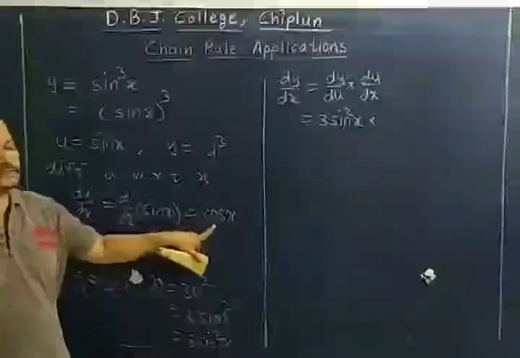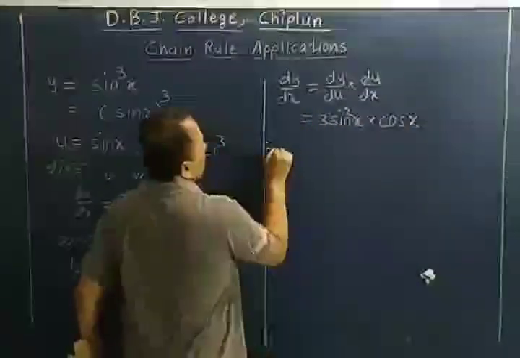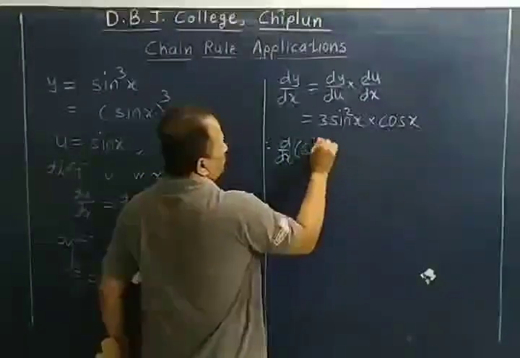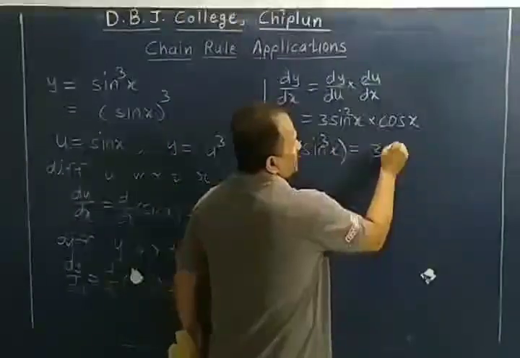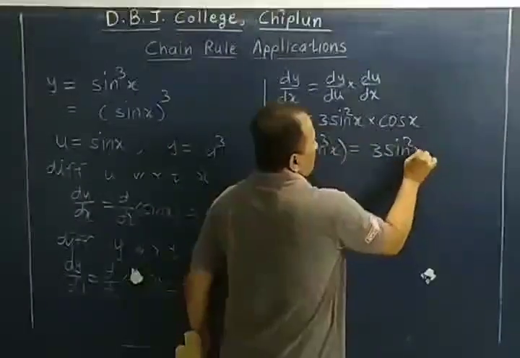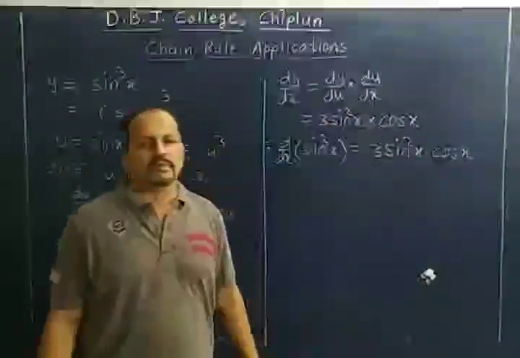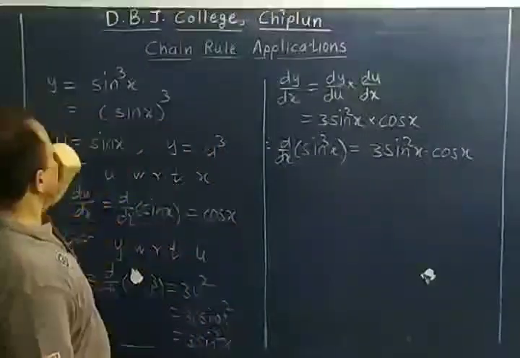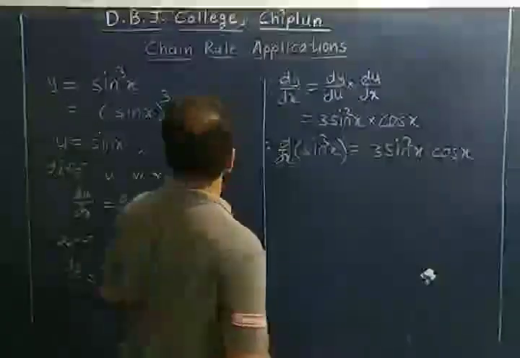Du by dx is cos x. Cos x. And therefore derivative of sin cube x with respect to x is 3 sin square x into cos x. Is that clear to all of you? Let us take one more problem.